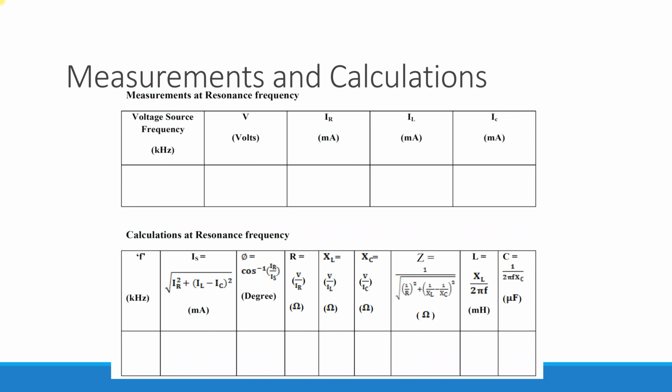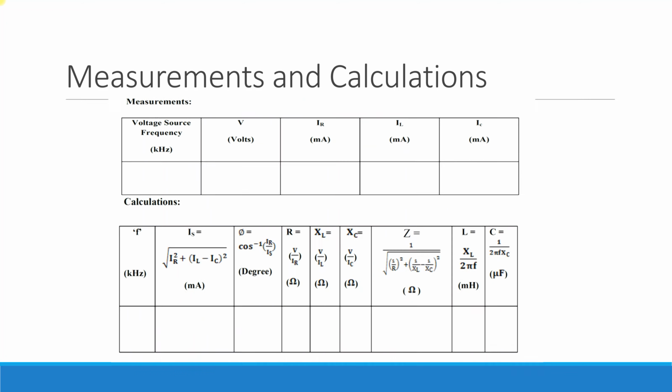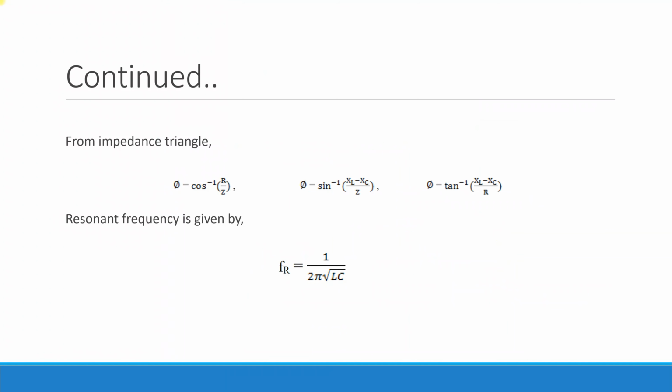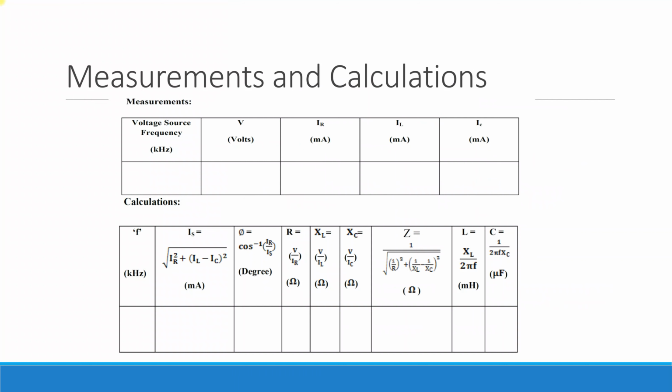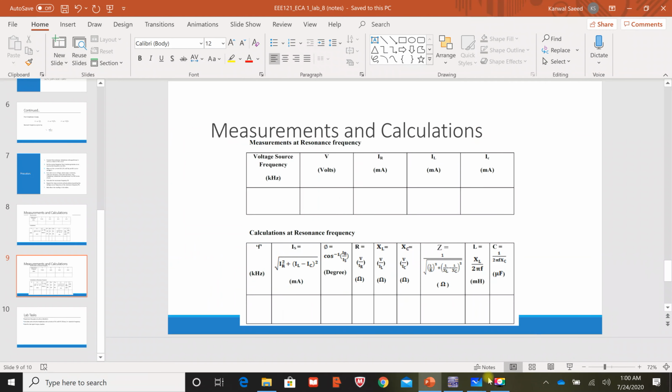So इसके अंदर आपको जब भी आप table fill करेंगे, then you will have a clear picture that how your circuit is going to behave at the resonant frequency. Resonant frequency का formula same है जो कि आपका series उसमें था, series RLC circuit के अंदर. Right, so this is how you're going to implement it, and I hope that you will finish it up perfectly.